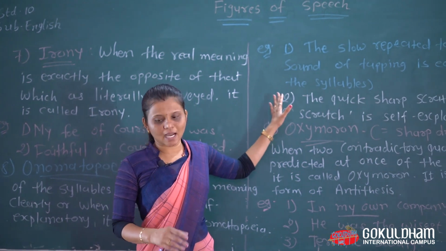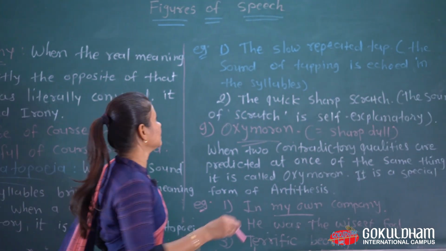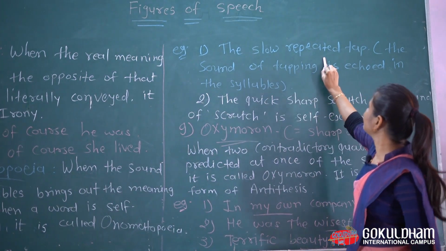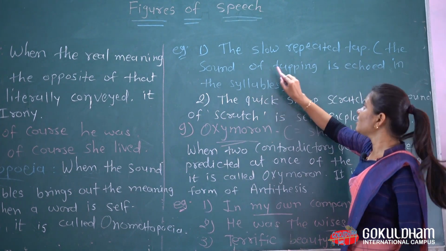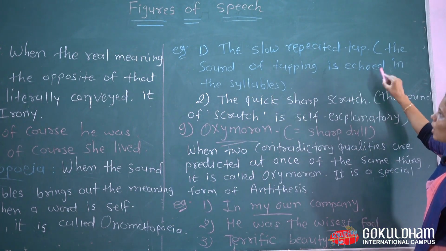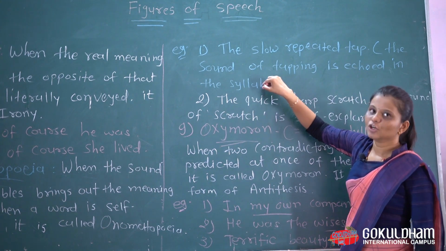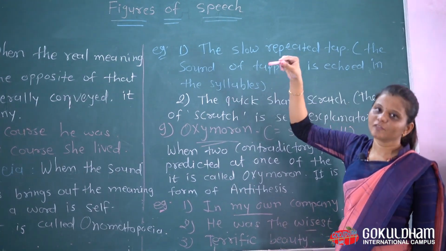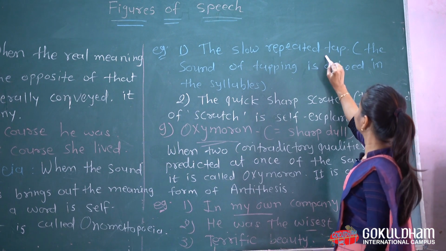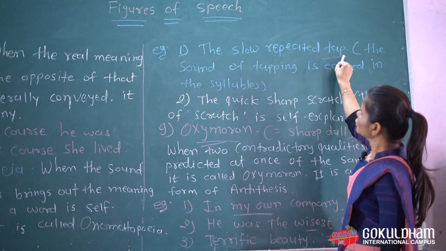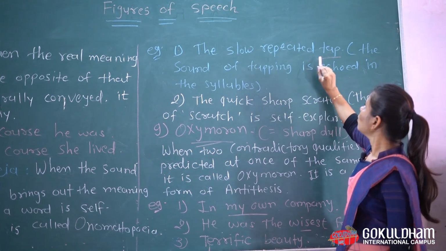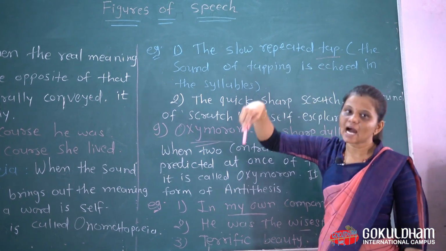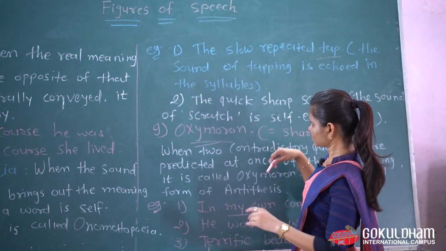Look at the examples of it. The slow repeated tap. The sound of tapping is echoed in the syllable. So here the sound of tapping you can see by this word tap. The slow repeated tap shows the syllables of the sound of tapping.